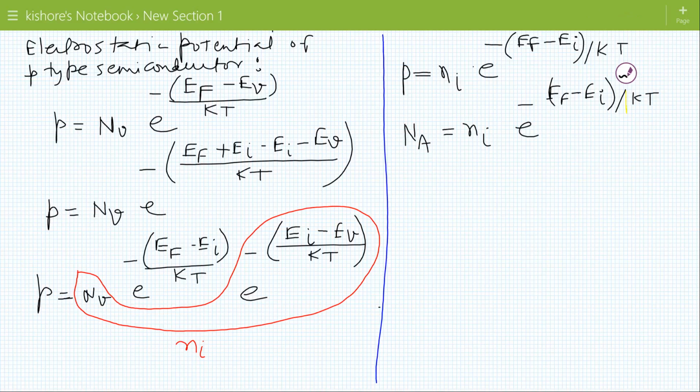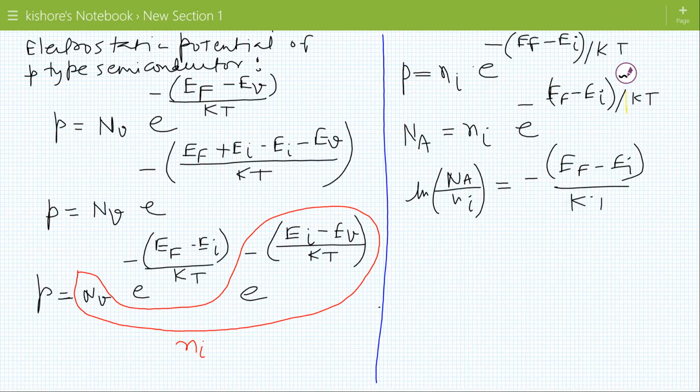So natural log of Na by Ni is minus of Ei minus Ef by Kt.